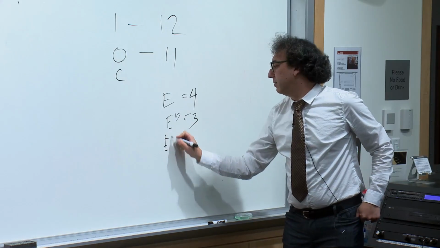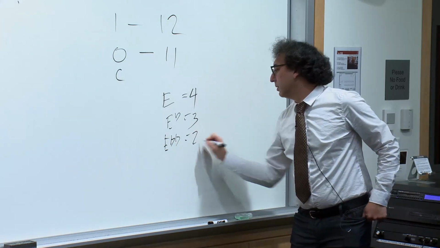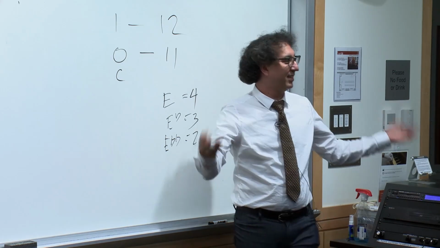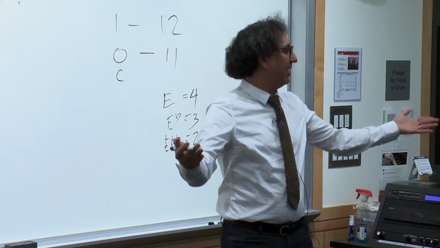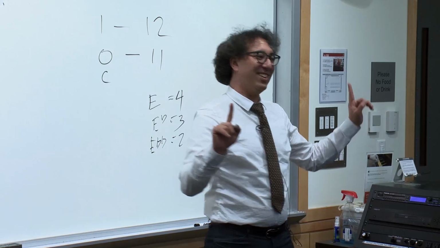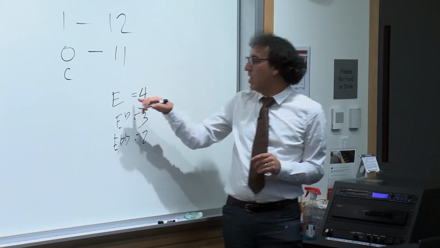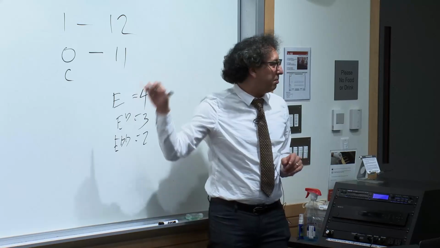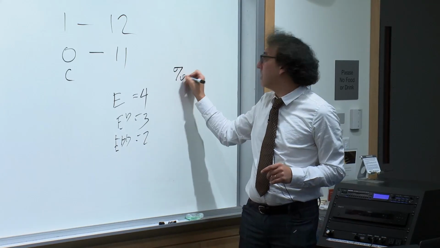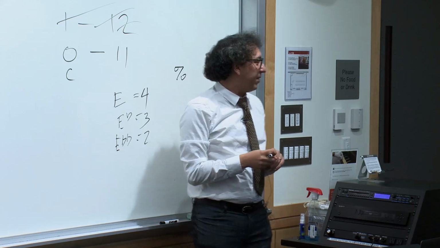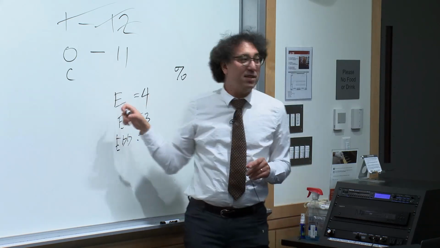E double flat. 2. Great. Triple flat. 1. Quadruple flat. 0. Quintuple flat. 11. So this was one of the challenges, that there's a modulo operator, right? Trying to make sure everything is between 0 and 11 at first when you're looking at the names.